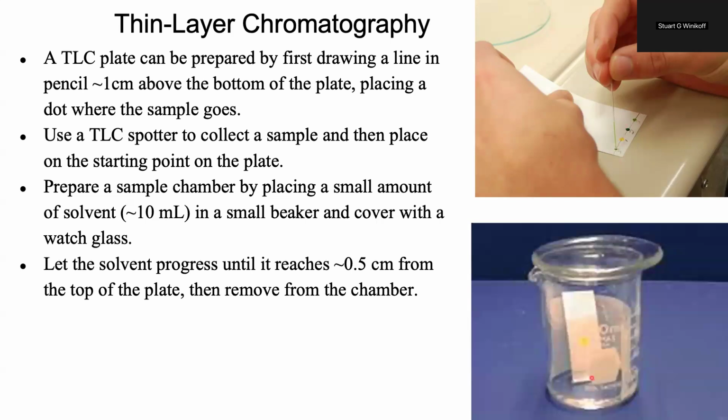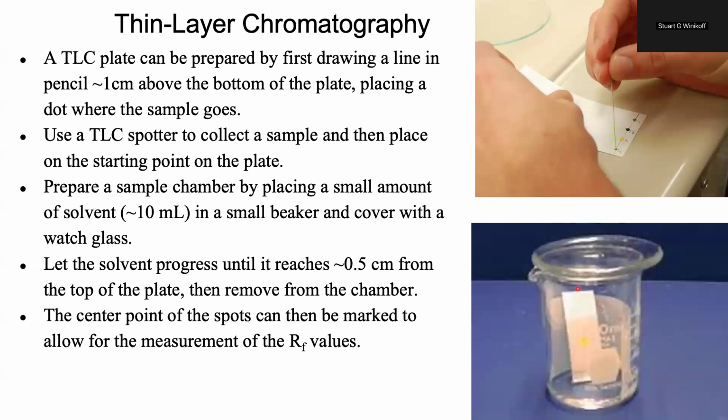Then you're going to let that solvent progress until you reach near the top, somewhere between about a centimeter and a half centimeter from the top. And then you're going to remove the plate from the chamber. It's very important that we do so at this point, because if you let your solvent progress too far, it will carry your sample straight off the top of the system, and you'll no longer have an RF to measure.